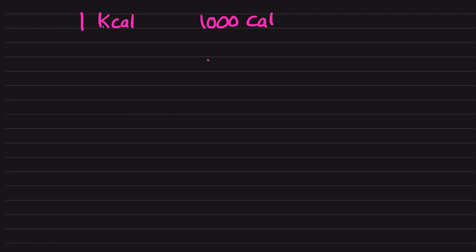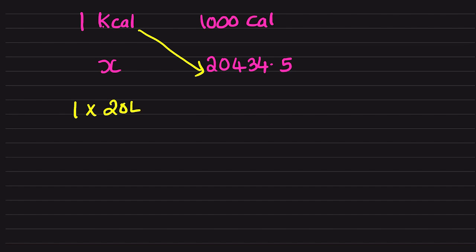So here, 20434.5 cal is how much in kilocalories? Cross multiplying, 1 times 20434.5 equals 1000 times x.